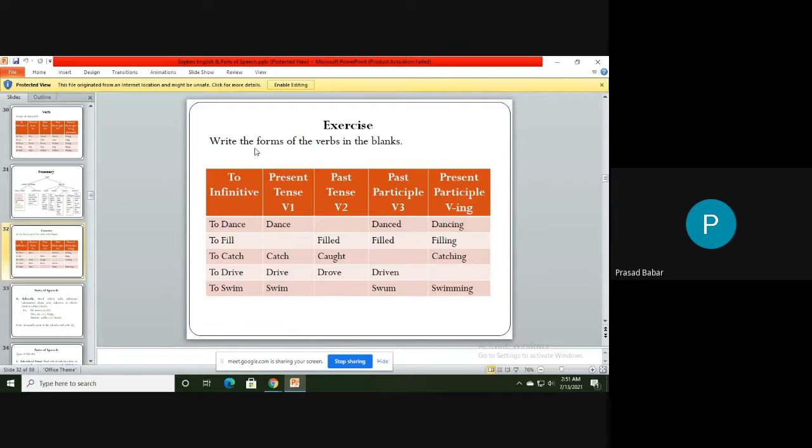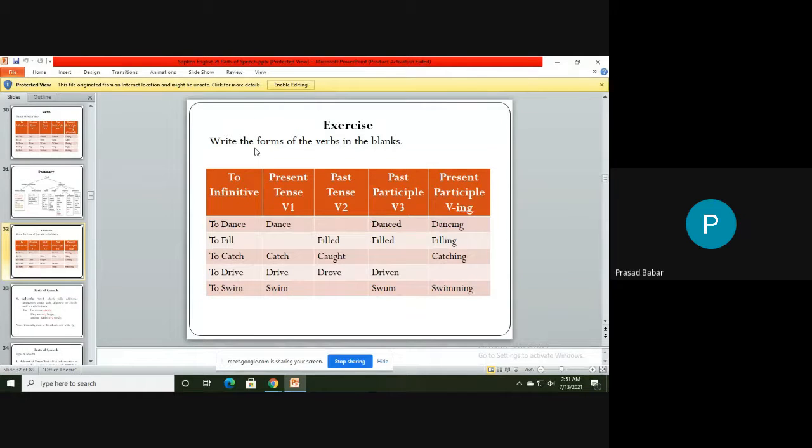Its present tense is catch, its past tense will be caught, and its past participle form, or third form, will be caught.